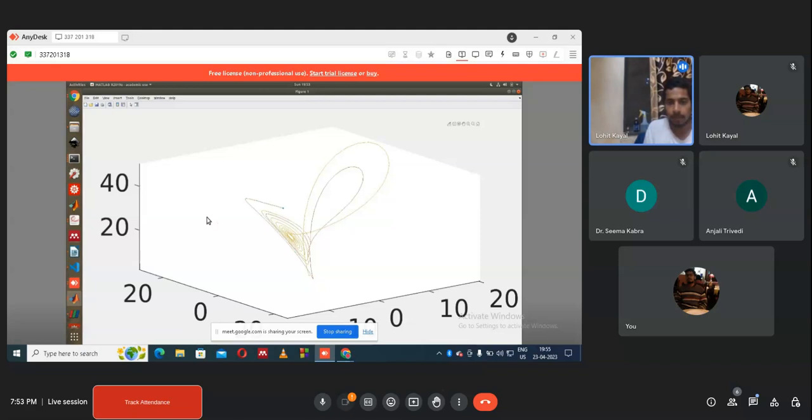All of this is happening from just this short code. And this is not solvable analytically, so you need to use ode45 to do that.